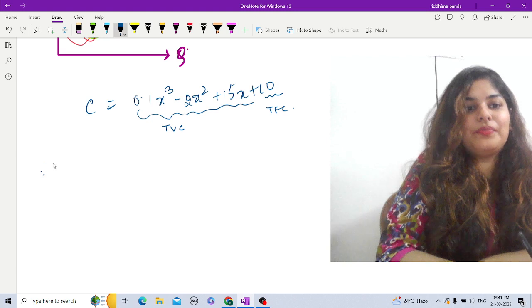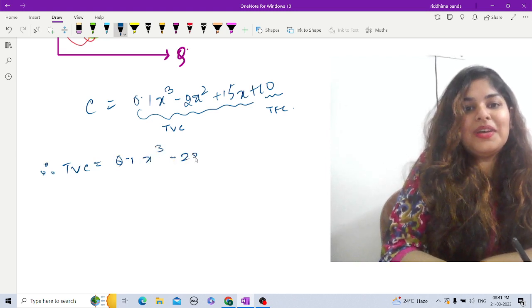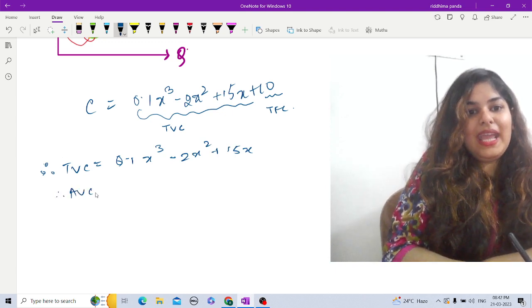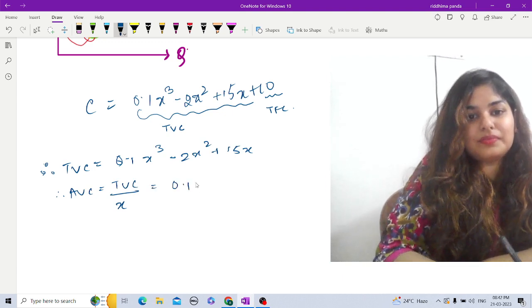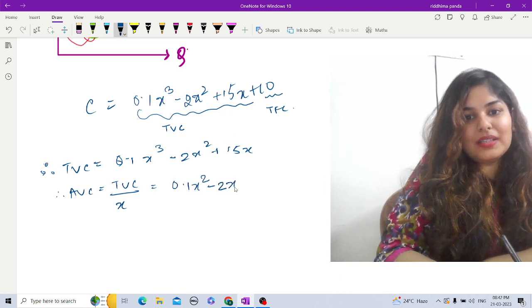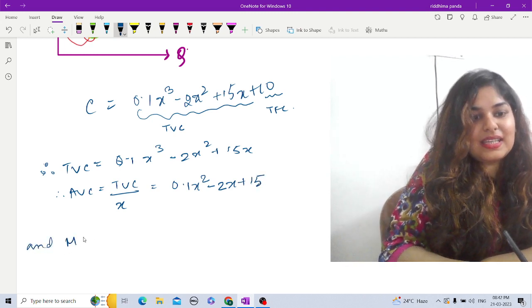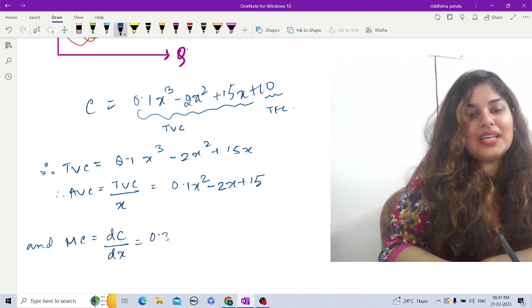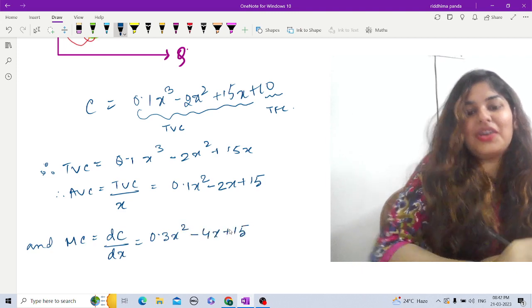Therefore, total variable cost is equal to 0.1x cube minus 2x squared plus 15x. Therefore, AVC is equal to TVC by x, which is 0.1x squared minus 2x plus 15, and MC is equal to dTC by dx, which is 0.3x squared minus 4x plus 15.